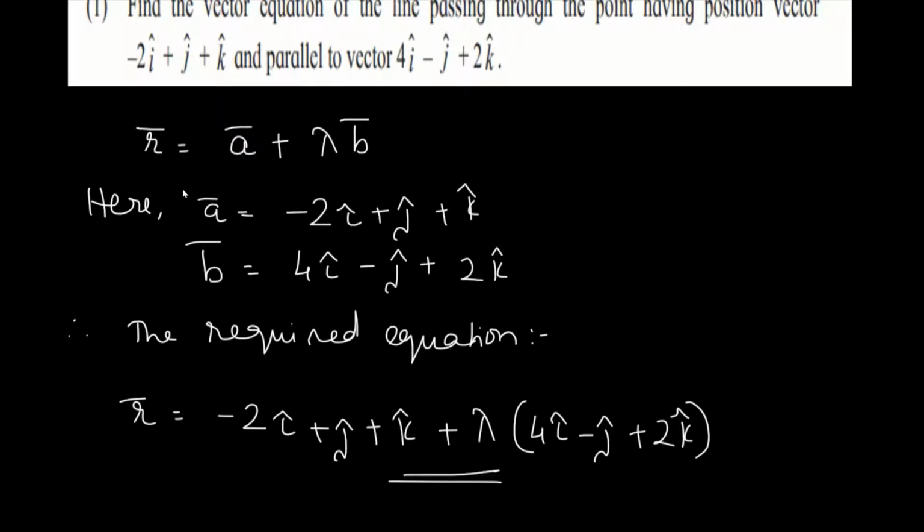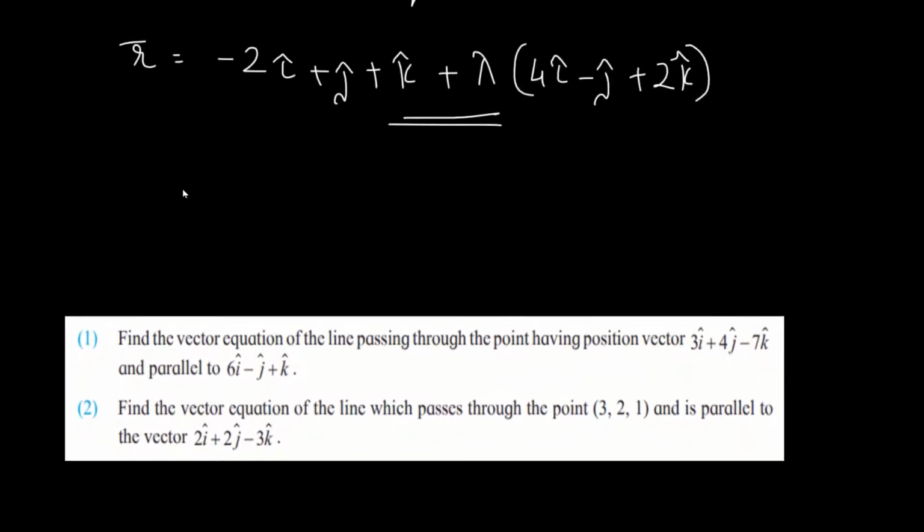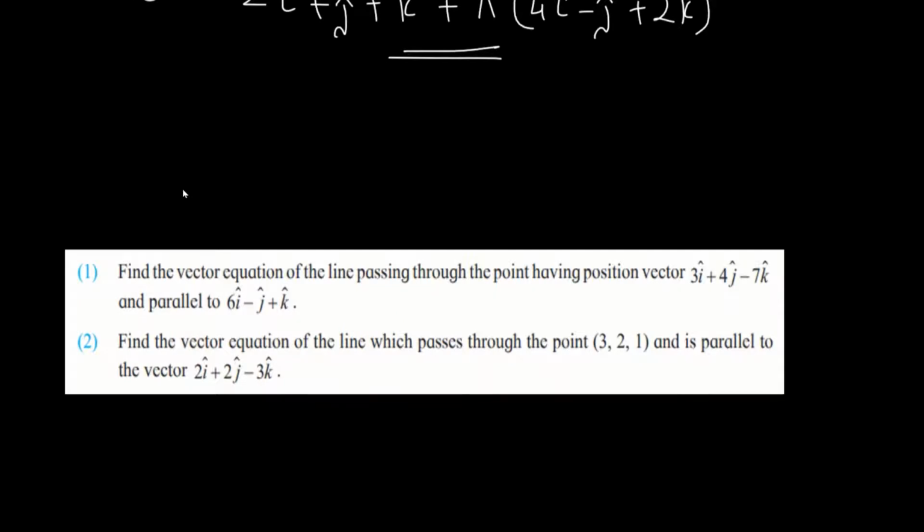Now two similar sums, in fact, are given in miscellaneous exercise 6a. See, there are two parts of miscellaneous exercise in this chapter, 6a and 6b. On page number 207, there is miscellaneous exercise 6a. So these are two sums which are given over there.